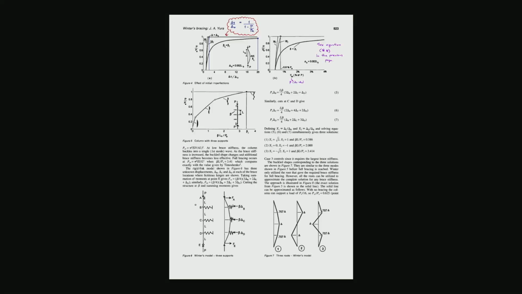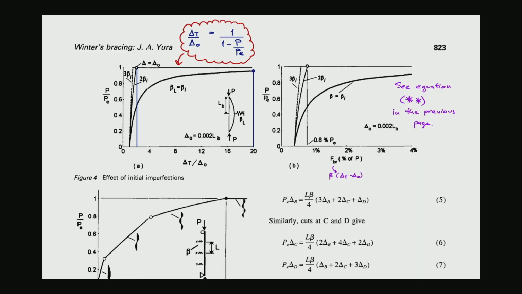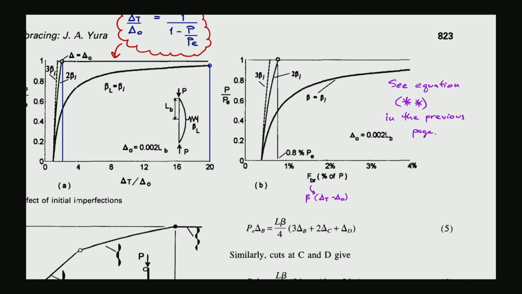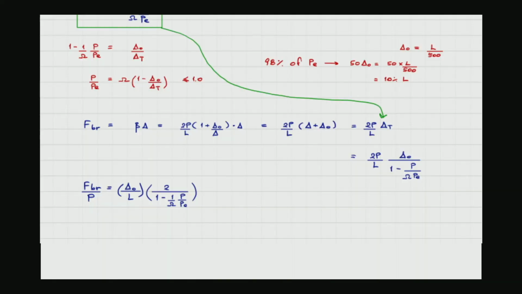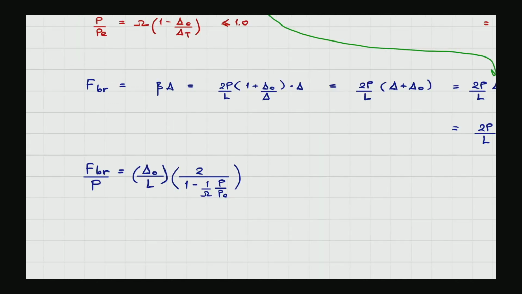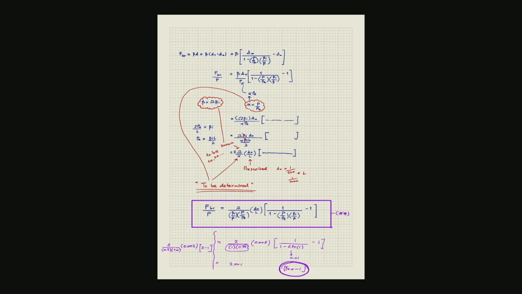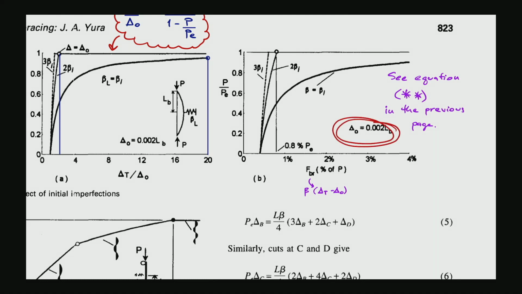Let's see if this is a form that makes a graph. The delta naught has to be fixed, right? And the output P over PE and FB are percent of the P. So this has to be given. You can see that it said the plot is specifically for this case.